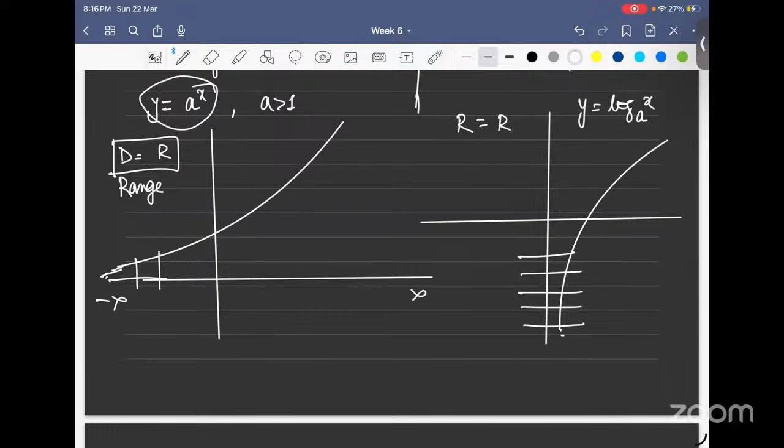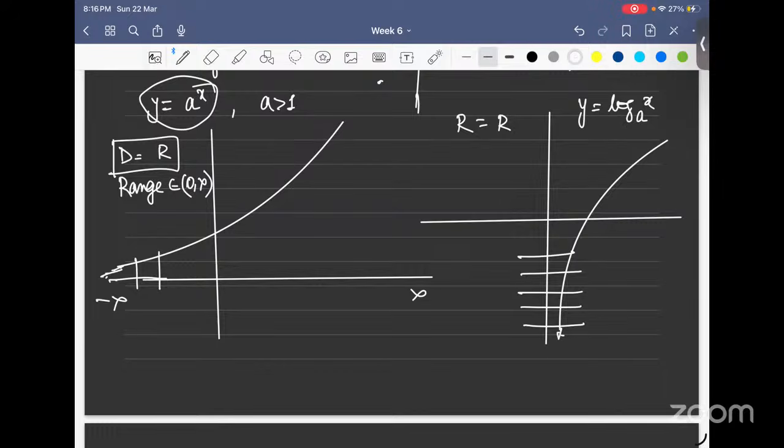Till minus infinity you'll get close to 0, but not exactly 0. So the range becomes 0 to infinity.